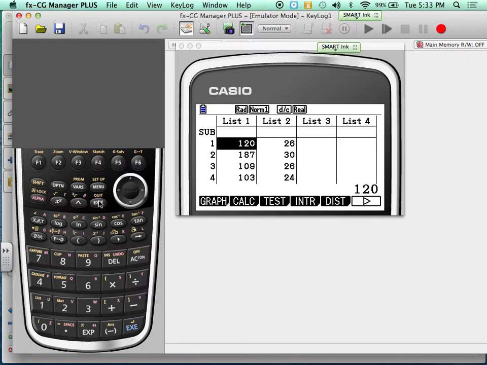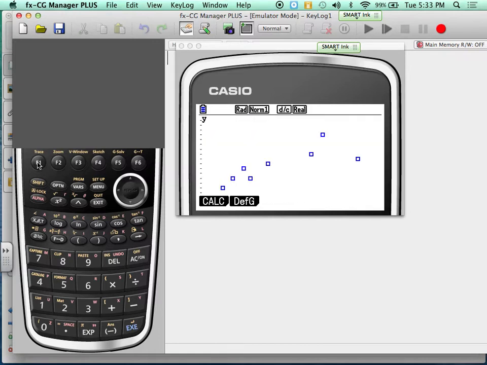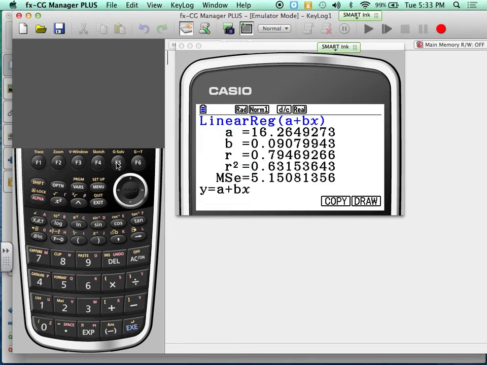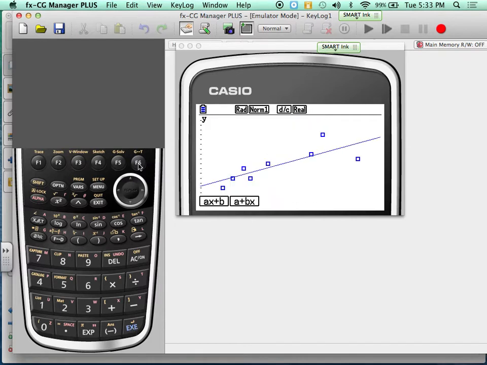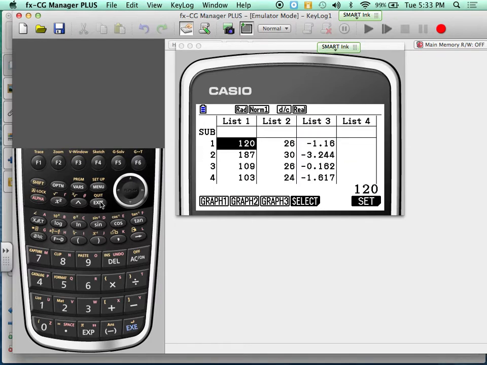All right, so now you have to go through the entire process of finding the line of best fit. F1 for graph, F1 for graph 1, calculate, x, a plus bx, copy, execute, draw. Now, when you exit out of there, you will notice that you will have your residuals.